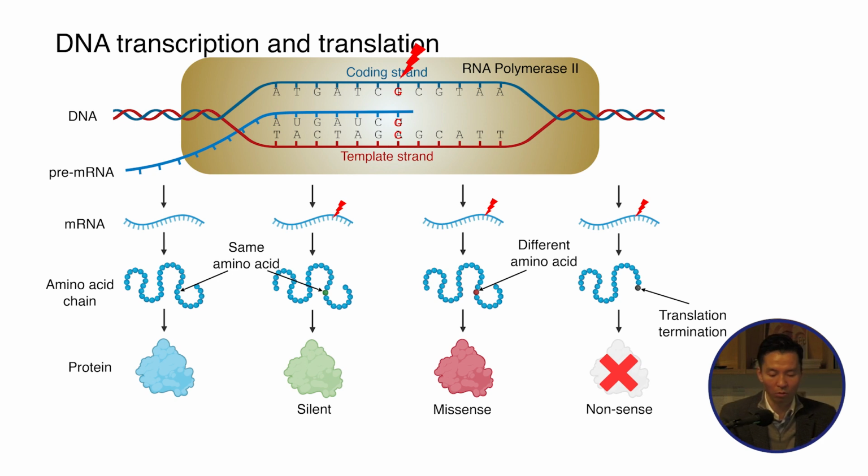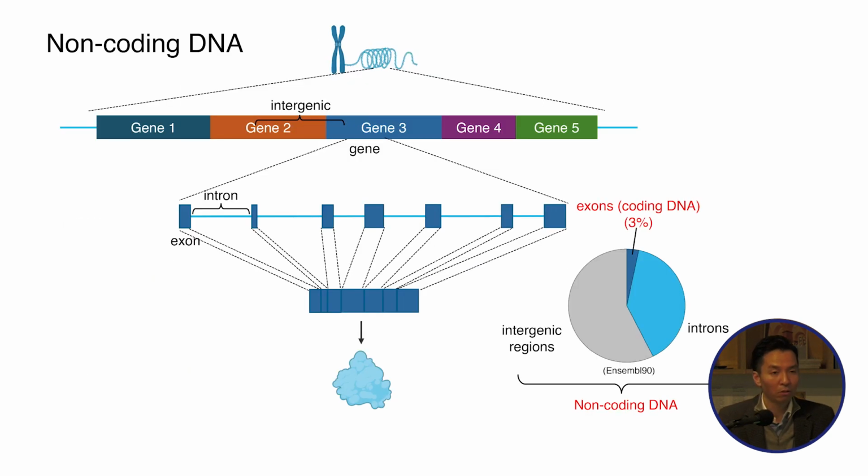But some mutations do change the amino acid or even terminate the translation, which results in an inappropriate protein, a premature protein, or no protein being made. The stretch of DNA that can code for a protein is called a gene.